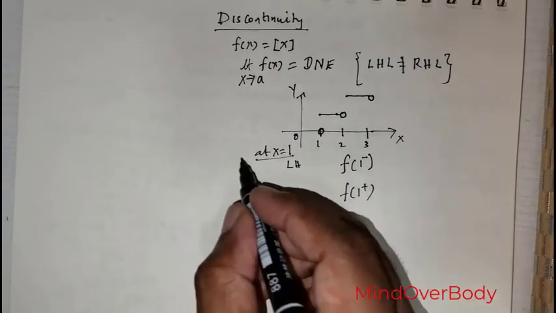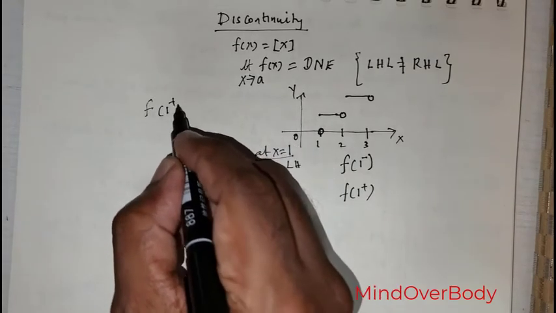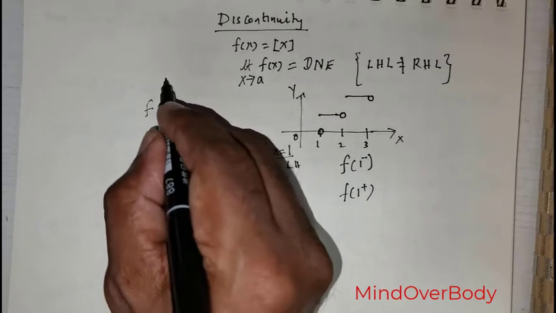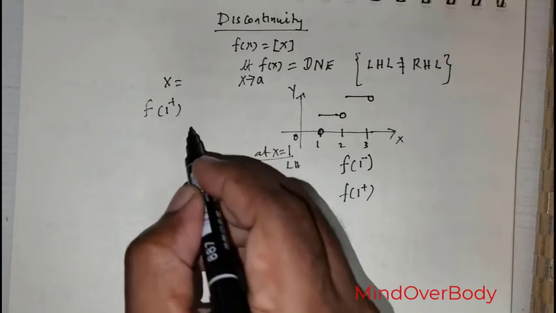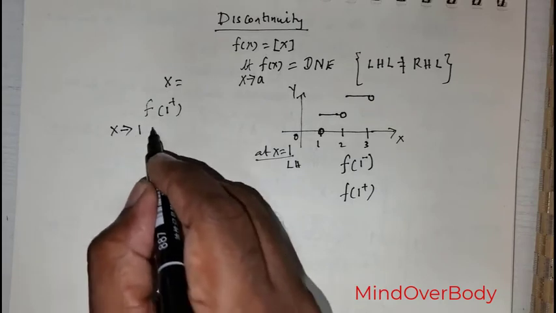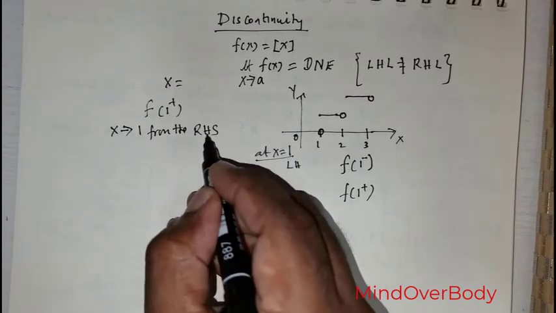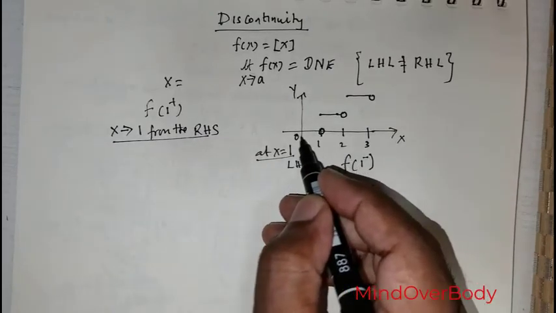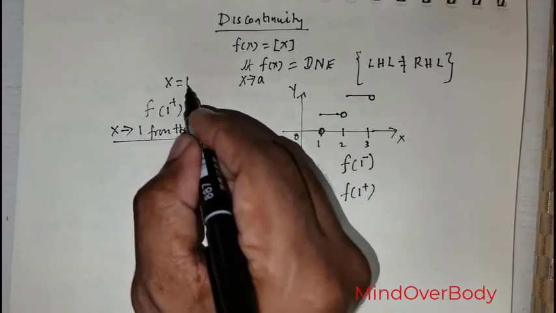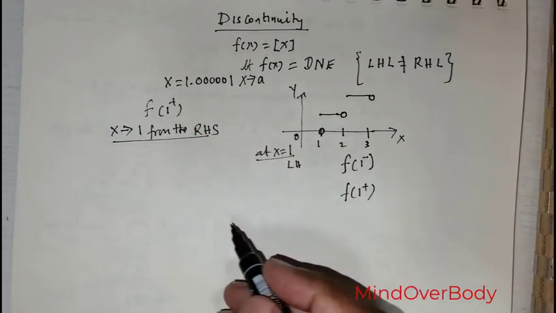So let me start off by finding the value of f of 1 plus. In this case x is going towards 1 from the right hand side, right? The approach is from here. So I need to take a value of x that is very, very close to 1.